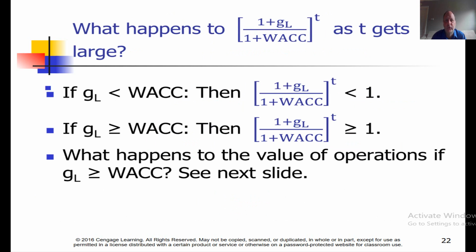So what happens to 1 plus the long-term constant growth rate over 1 plus WACC as t gets large? If the growth rate is less than WACC, then 1 plus growth over 1 plus WACC is less than 1, and this series will converge. On the other hand, if the growth rate were greater than WACC, then this series will not converge and instead goes to infinity.